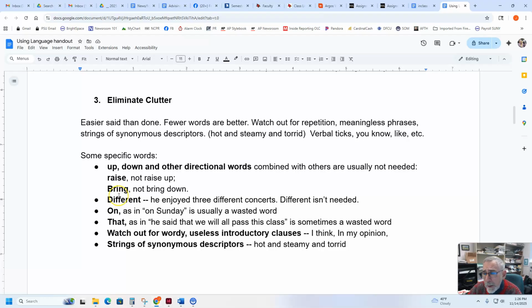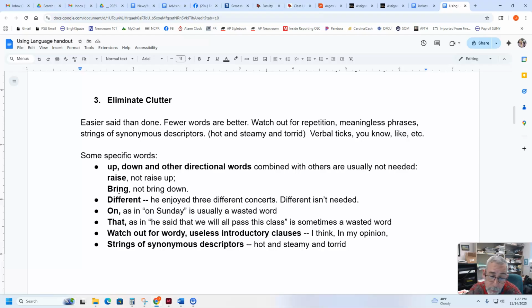Now the idea of eliminating clutter. It is easier said than done. We want to pull out meaningless phrases and words, repetition. We want to look for things that aren't helping us at all or just bogging the sentence down. It's a really useful exercise, but it takes time.